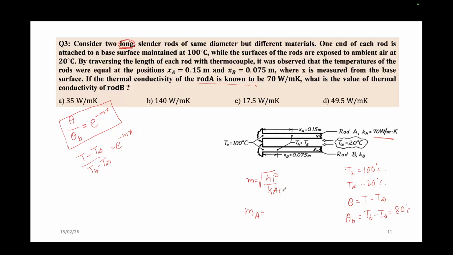Neither is there any detail about P, A_c, nothing is given. Yes or no? So just tell what you think.